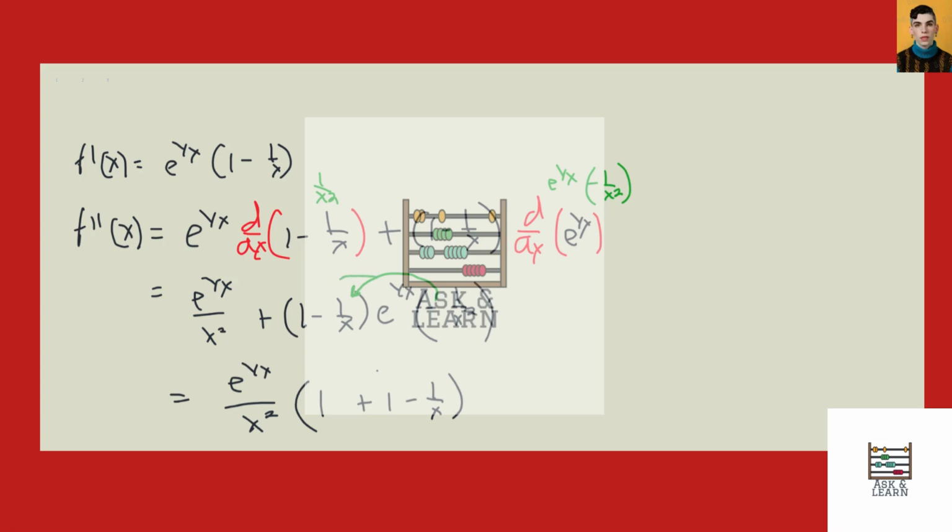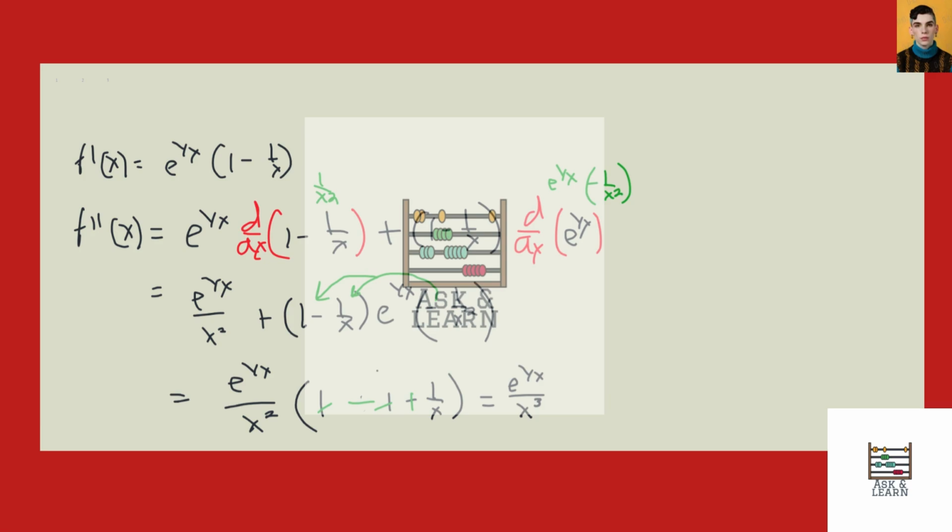So distributing that negative inside here would actually switch these signs. All right, glad I caught that. Now the 1's cancel out, and we're just left with e to the 1 over x over x squared times 1 over x, or better yet, we can write that as x cubed.